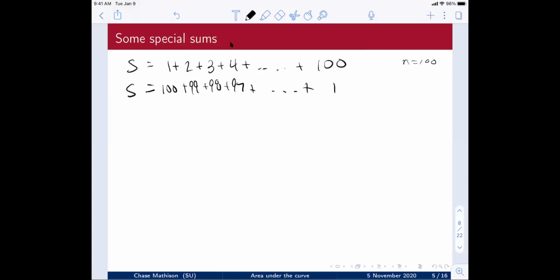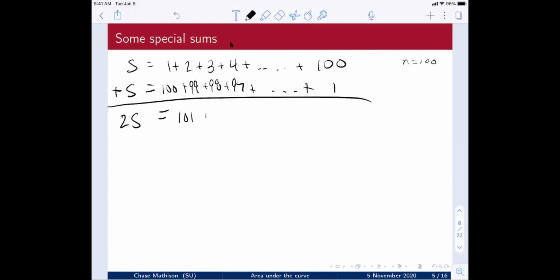Okay, so then this is the genius part. Gauss noticed, if I add these two things together, on the left-hand side I'm just going to get 2 times the sum that I want. S plus S, that's 2S. On the right-hand side, we notice that 1 plus 100, what is that? 101.